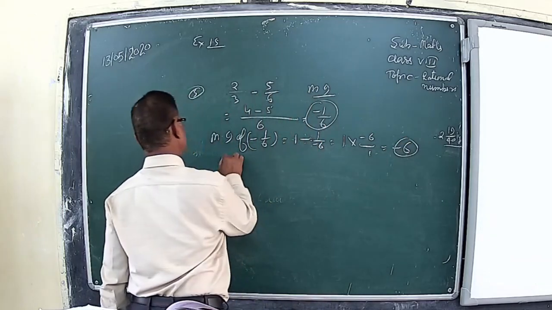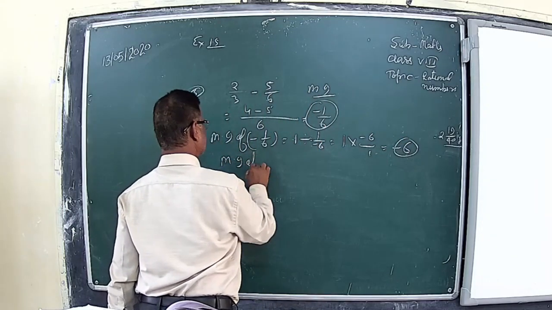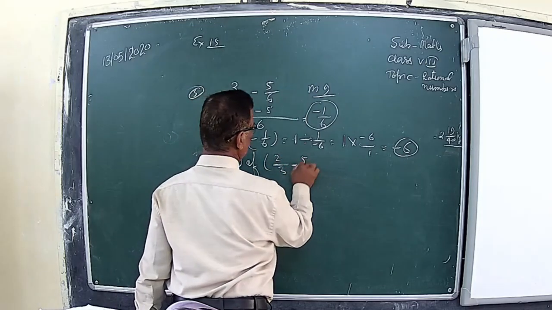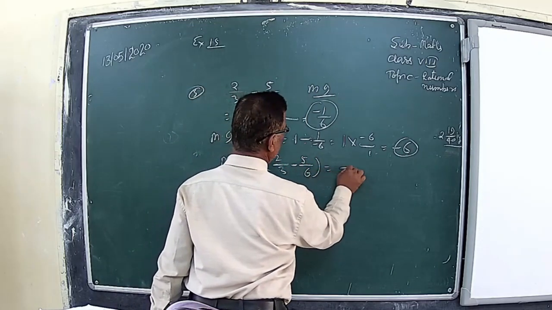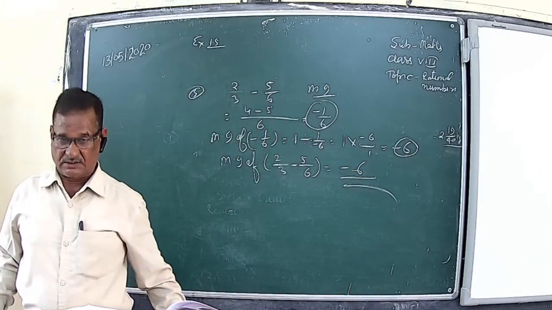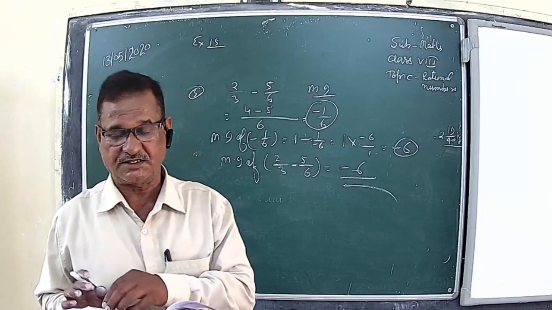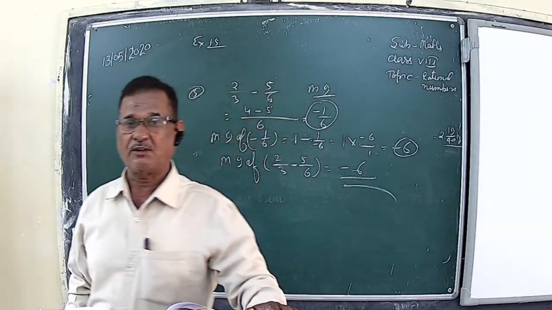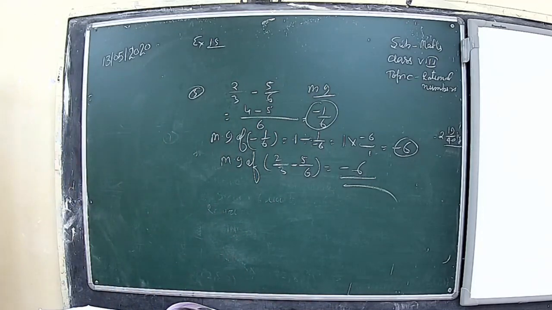So you can say the multiplicative inverse of 2 by 3 minus 5 by 6 is equal to minus 6. Okay, right. Next time I will teach some more questions from this exercise 1.5.